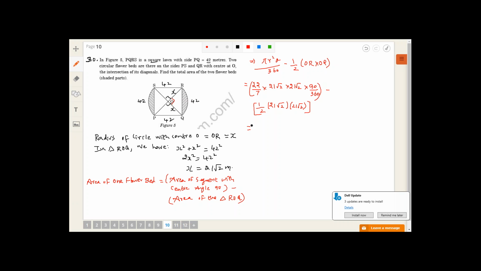If we calculate this value, this will be equal to 693 minus 441, which is equal to 252 meter square.